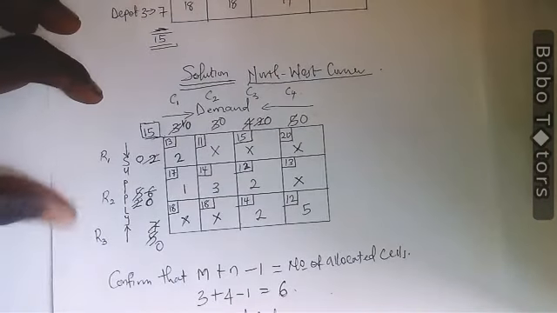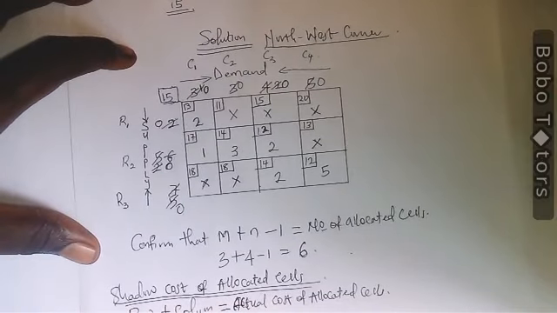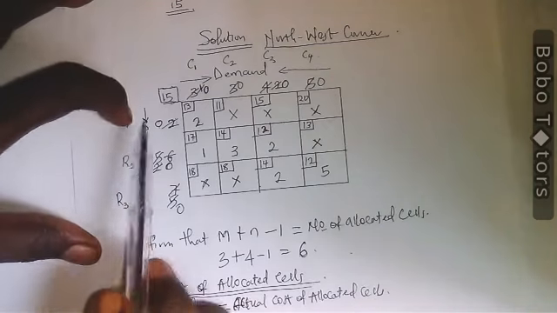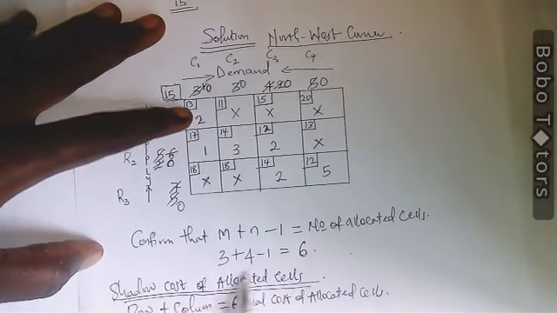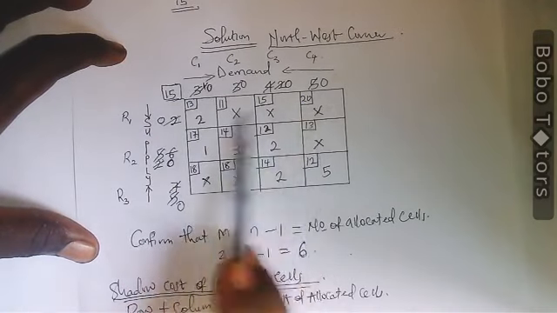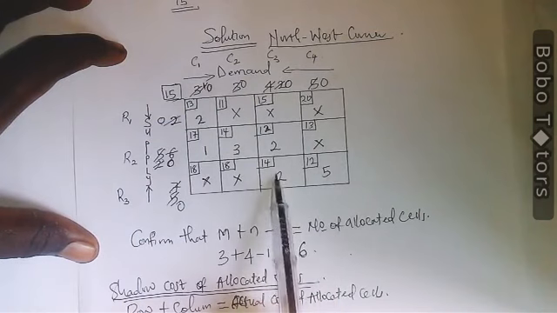This is what you will use to determine it. Row plus column is equal to the actual cost of allocated cells. Remember, I said allocated cells. These are your allocated cells. This one is not there because it is not allocated. These are allocated cells.